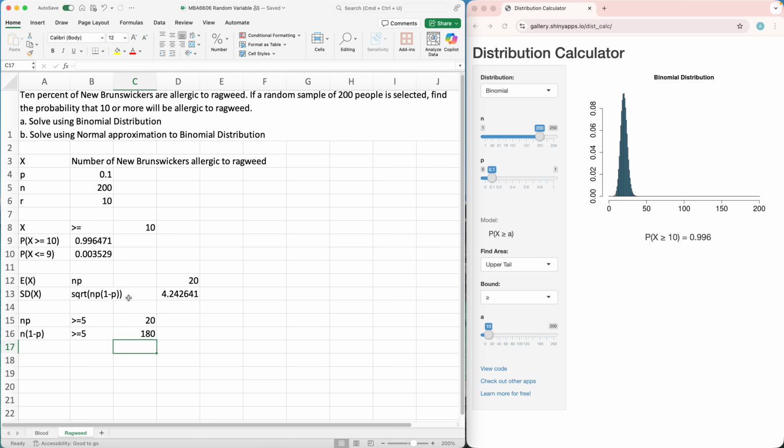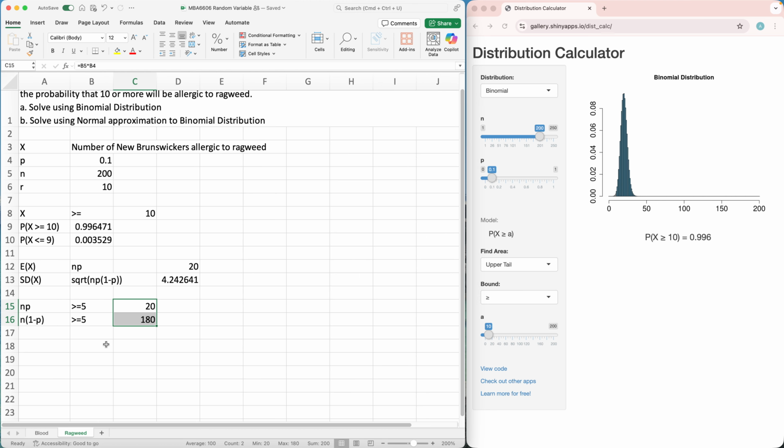So yes, we can apply the normal approximation to this binomial distribution. Now we need the probability of x greater than or equal to 10. We will apply the continuity correction, and that will make it the probability of x greater than or equal to 9.5. That's the 0.5 correction, because there is no value between 9 and 10, so 10 inclusive will be considered from 9.5.